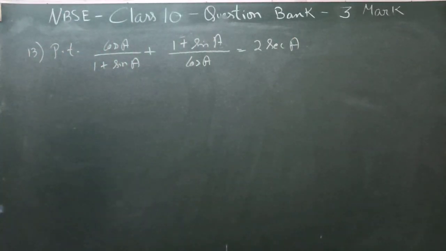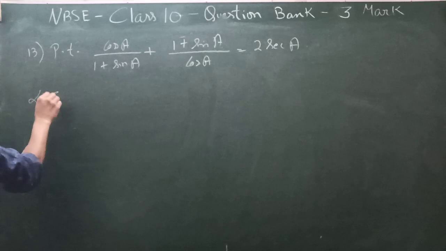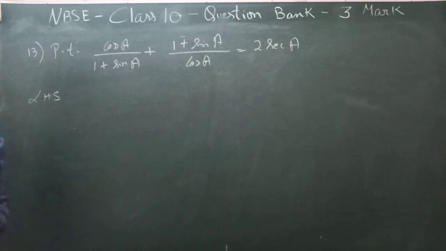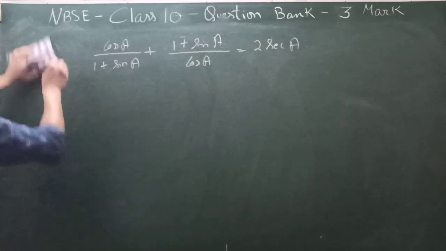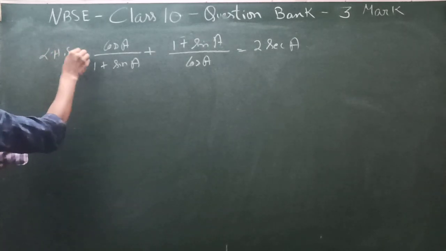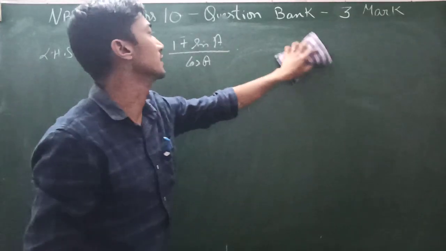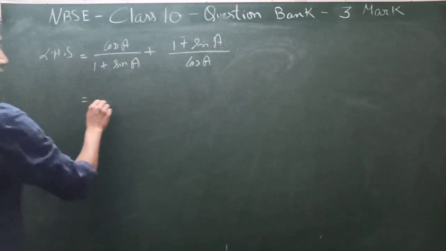So let's take the left hand side. You can note down the question. Done? Alright, so I'll just start from here. Lazy person, so a lazy person will just start from the question. LHS. Now we'll have to take the LCM.